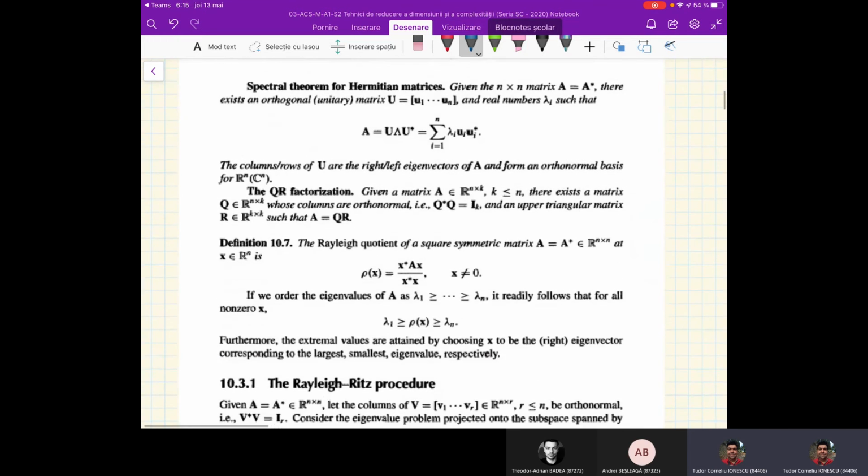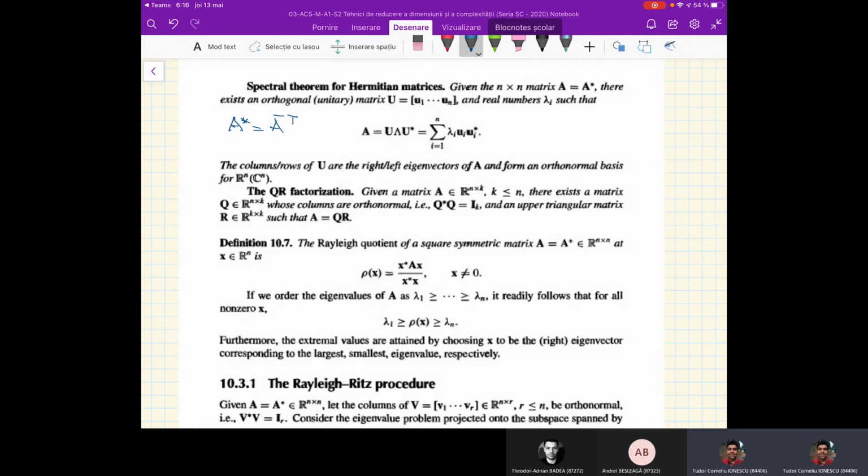Anyway, we have a theorem for Hermitian matrices. If you have a Hermitian matrix, A equals A star, where A star is A conjugated and transposed. If A is a real matrix, then it's just the transposition, but this is the general case of complex matrices.